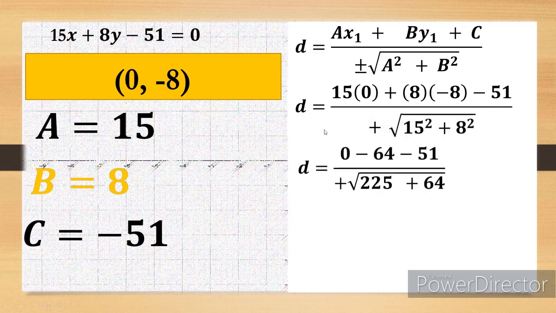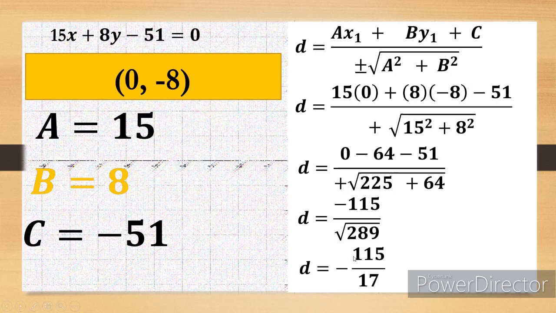Then simplifying, we have 15 times 0 is 0, 8 times negative 8 is negative 64, minus 51, all over 15 squared is 225 and 8 squared is 64. So we have negative 64 minus 51 is negative 115 all over the square root of 289. So we have negative 115 over 17.